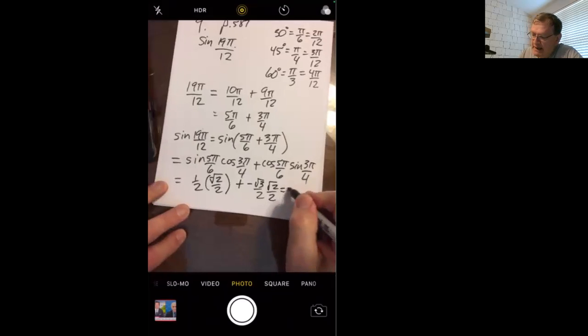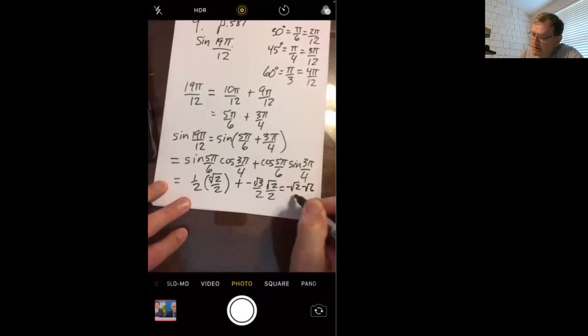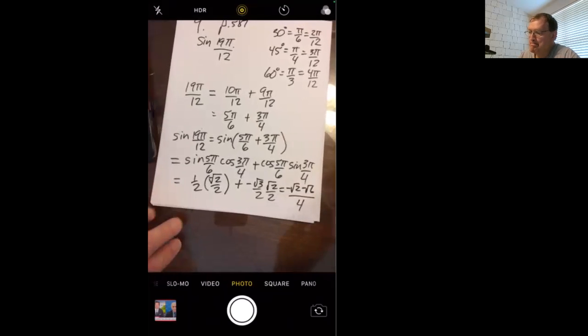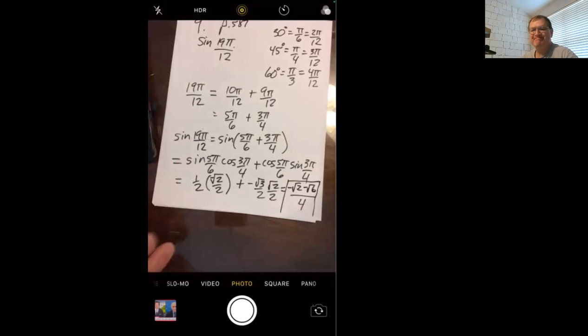So you're looking at negative root 2 minus root 6 all over 4. Should be it. All right.